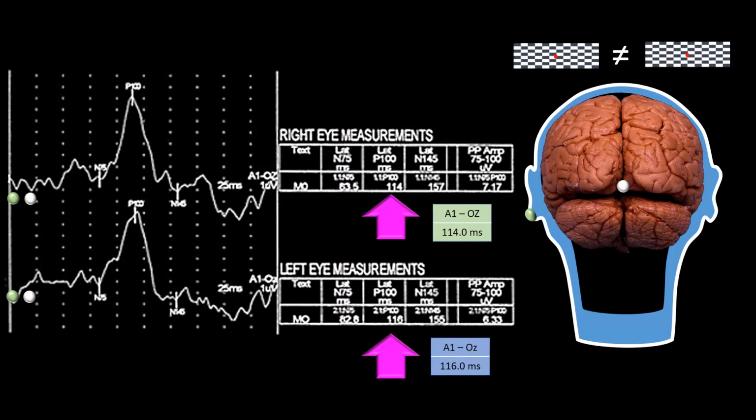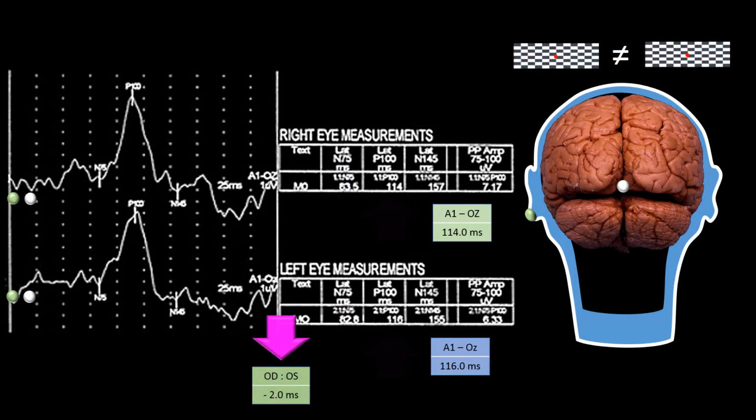You can see the numbers in this frame. The latency of sagittal P100 following right eye stimulation occurred 2 milliseconds sooner than following left side stimulation. The latency of sagittal P100 following left eye stimulation occurred 2 milliseconds later than following right side stimulation.